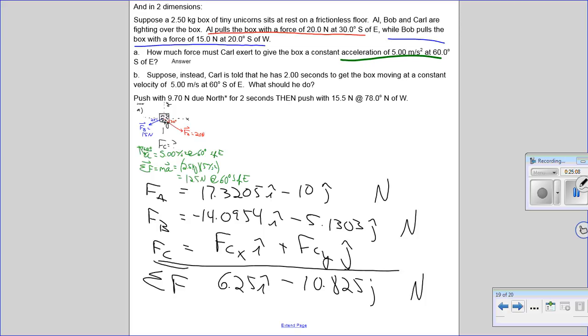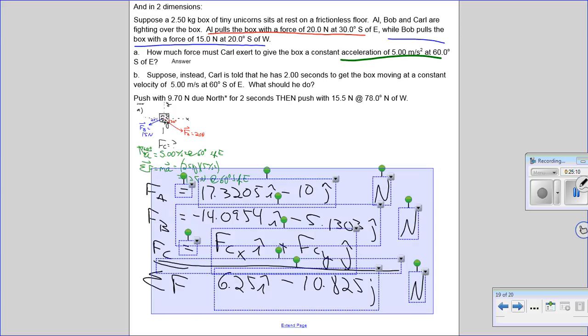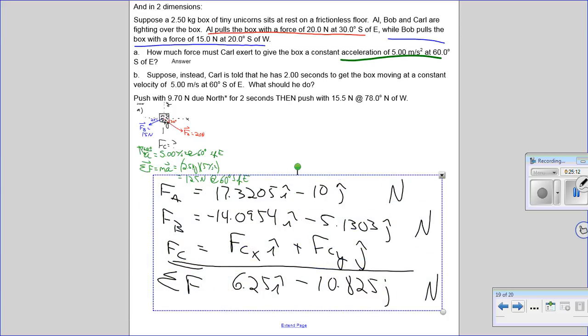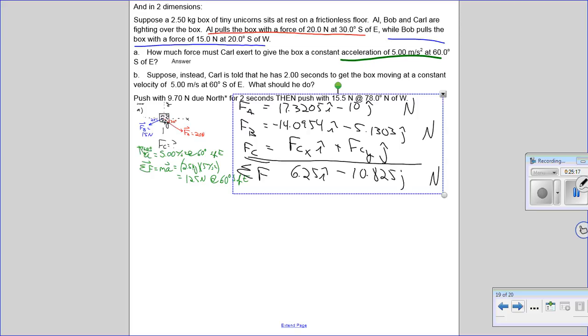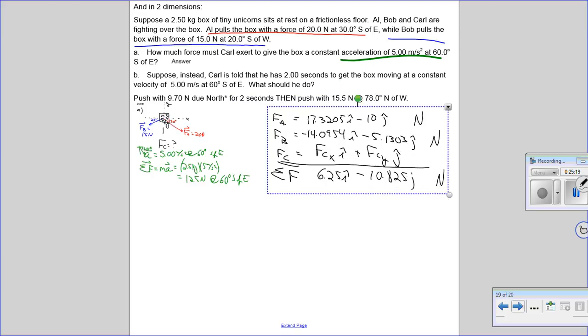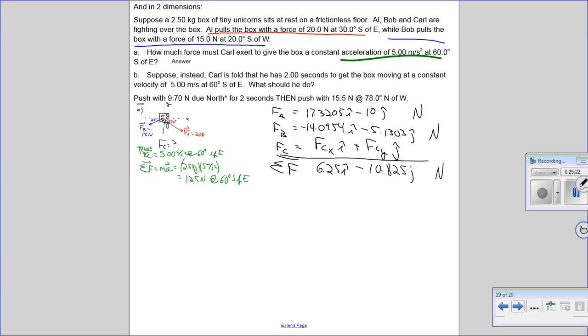Okay. Now, for each component, both my x and y components, this gives me an equation, and this gives me an equation, right? So it's 17 minus 14 plus x equals 6.25. Negative 10 minus 5 plus y equals negative 10.